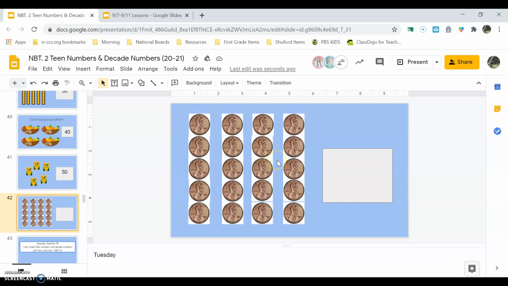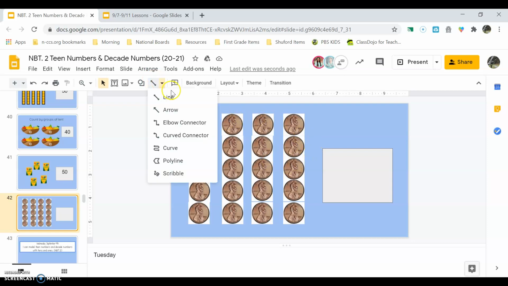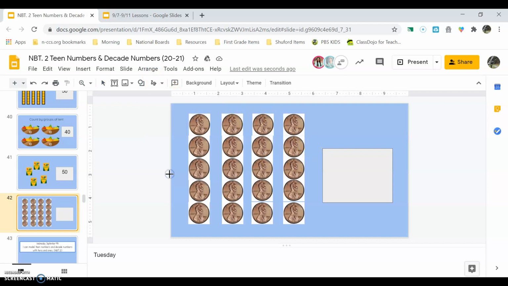This last one, what we're going to do is we're going to circle. Remember that when we see this, we can circle how many groups of 10 that we have. So whenever I count out 10, I can circle the group. And then we can see how many we have left over.